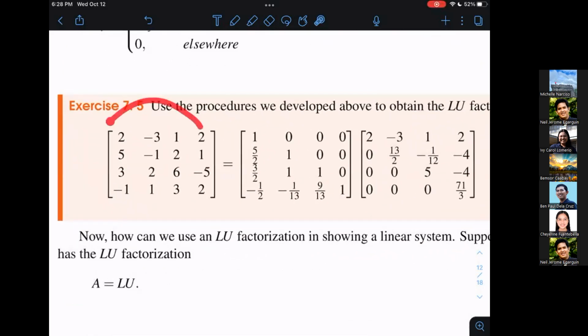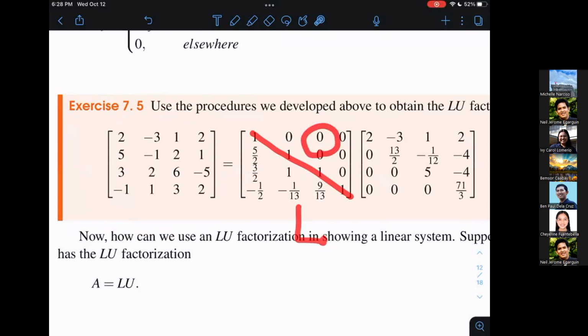Pero essentially, halimbawa dito, okay, kung kukunin ko yung LU factorization ng 4x4 matrix na to, gagawin ko lang ay yung alam ko na yung lower triangular matrix ay unit. So ibig sabihin 1 lahat ng nasa diagonals niya. Okay, kasi ito yung L natin. Yung L na nakukuha natin in my procedure here is a unit lower triangular matrix.